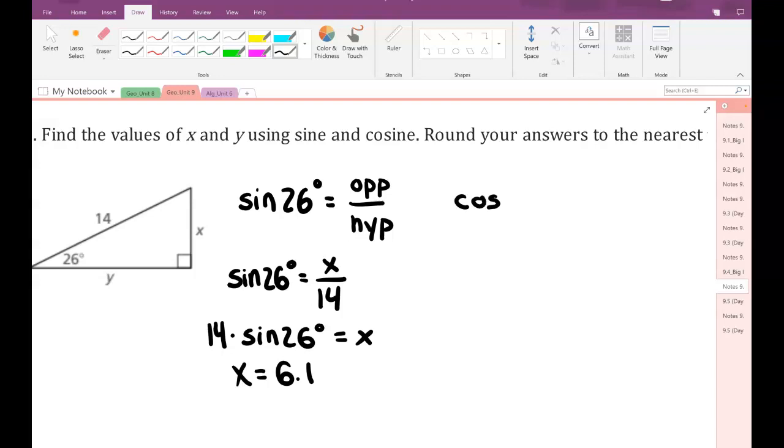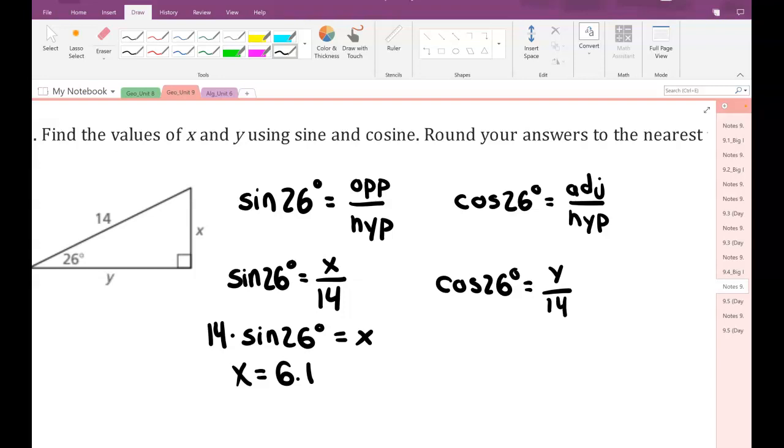We're going to take the cosine of 26 degrees is equal to our adjacent side divided by our hypotenuse. So cosine of 26 degrees is equal to the adjacent side. That's y. Our hypotenuse is 14 still, hasn't changed.